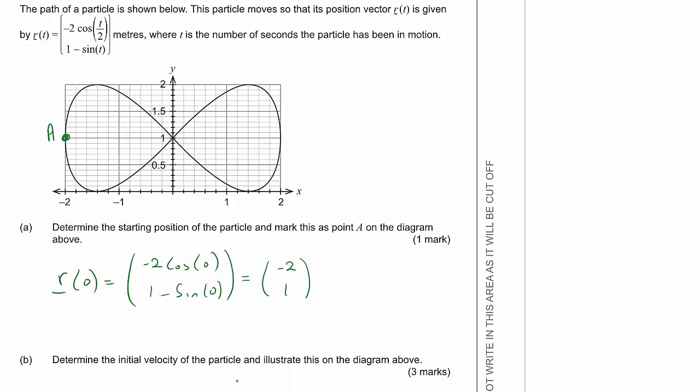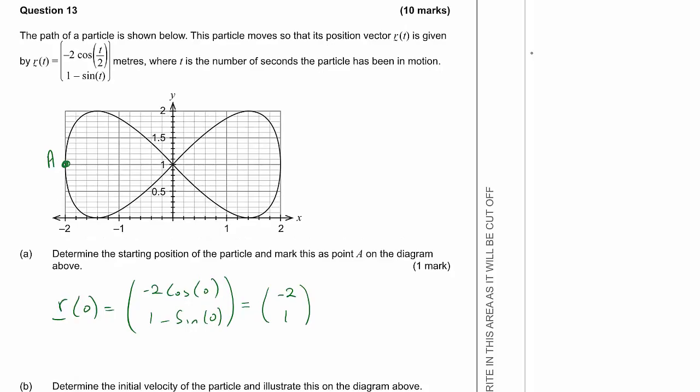Determine the initial velocity of the particle and illustrate this on the diagram above. So let's differentiate to find the velocity. Cos differentiates to negative sine, and with this negative, that is going to end up being positive. So we've got sine t over 2 multiplied by a half, so that will cancel the 2.